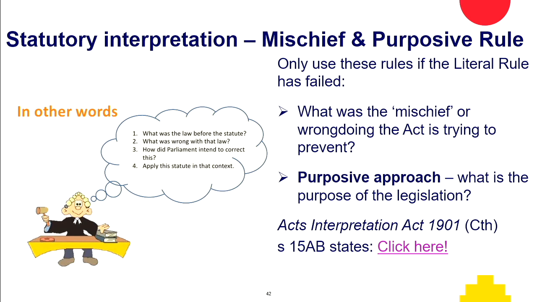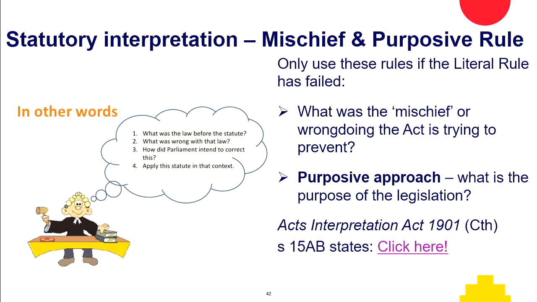It's very similar to the purpose approach, which means we take a step back and we look at, well, what was the purpose in mind when the Parliament passed this legislation? What was their purpose? Now, generally speaking, that will be aligned with the mischief, but sometimes it might be a little bit different.